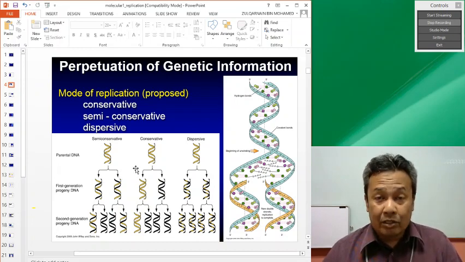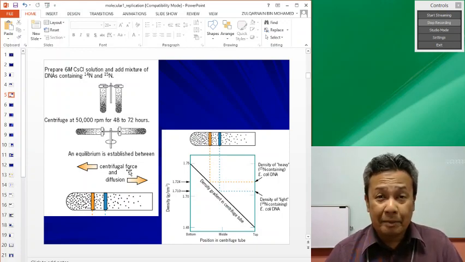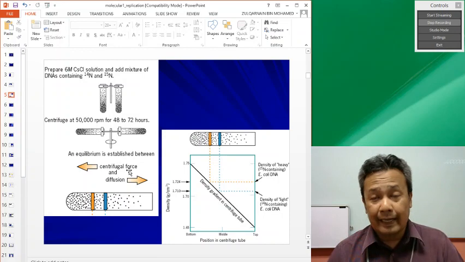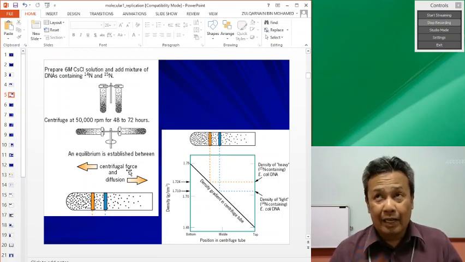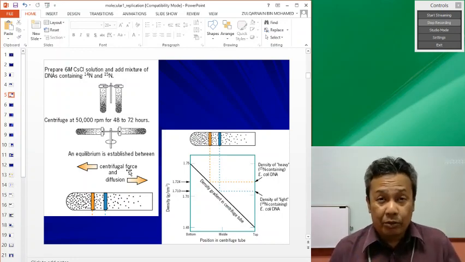Now, Meselson and Stahl went on to prove that replication occurs by a semi-conservative manner, and they were able to do this based on two important factors. One is their ability to allow the bacteria to grow in different media, so that when bacteria grow, they make new DNA.